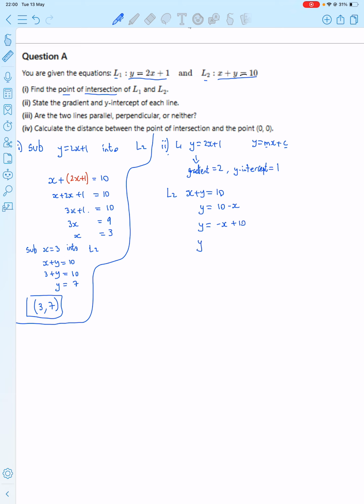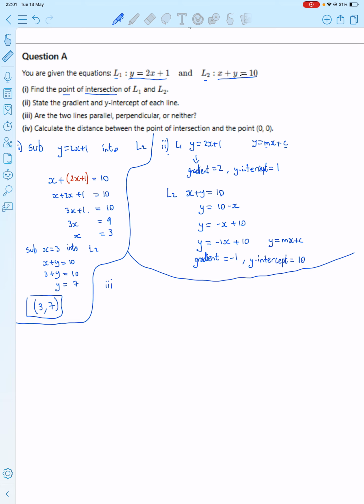So we're going to write it like this. y equals minus 1x plus 10. Now, it's in the form y equals mx plus c. So that tells us that our gradient for this one is equal to minus 1, and the y-intercept is equal to 10.